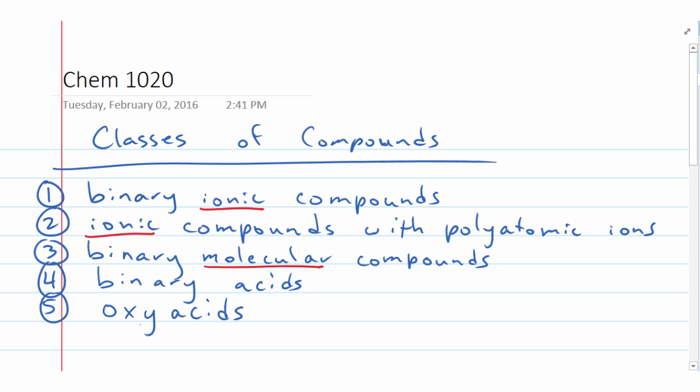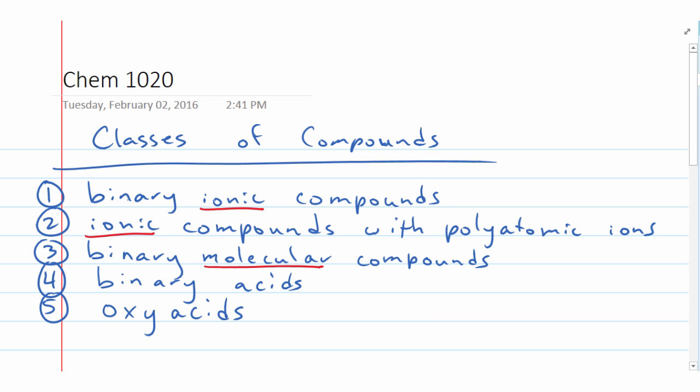So we already know those. Once again, if it's ionic, which types of elements are we going to find in there? Metals with nonmetals. And if it's molecular, we would have just nonmetals.